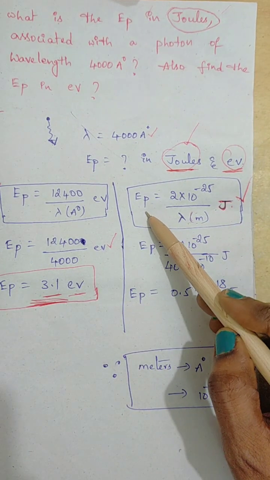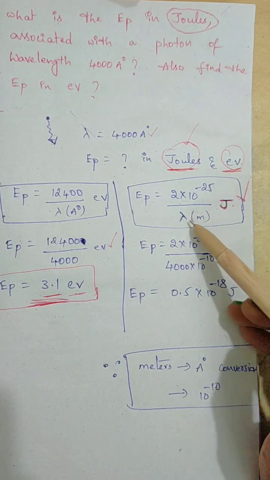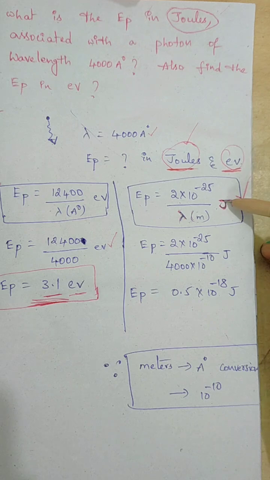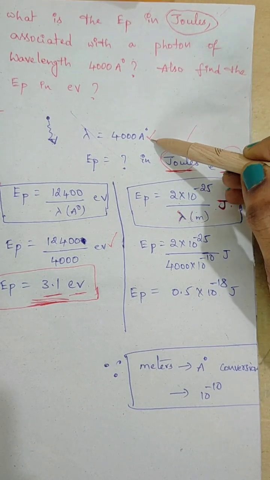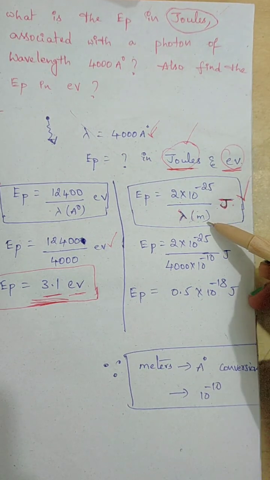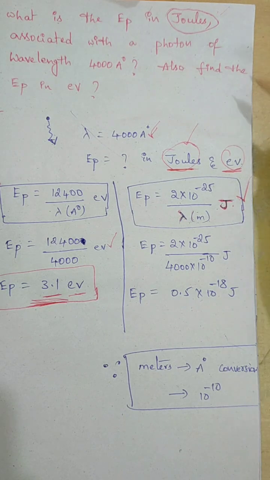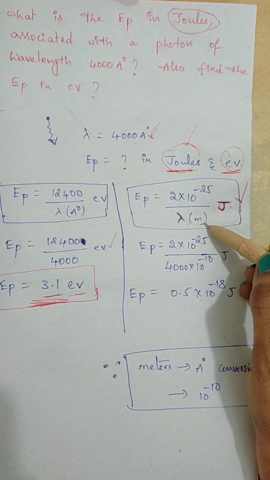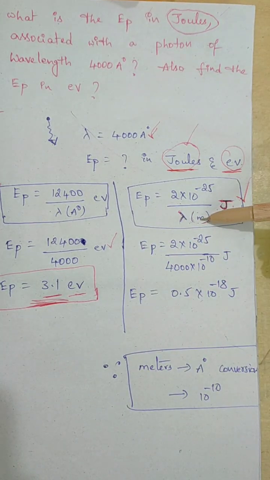So energy of photon is 2 into 10 power minus 25 divided by lambda in meters, in joules. Actually they have given the wavelength in angstrom, but in the formula it is in meters. So we need to convert angstroms into meters.